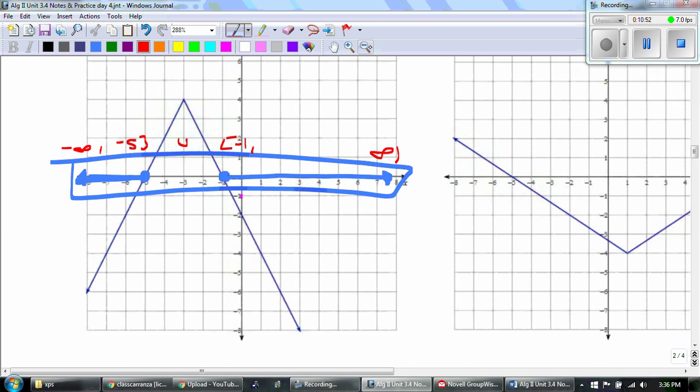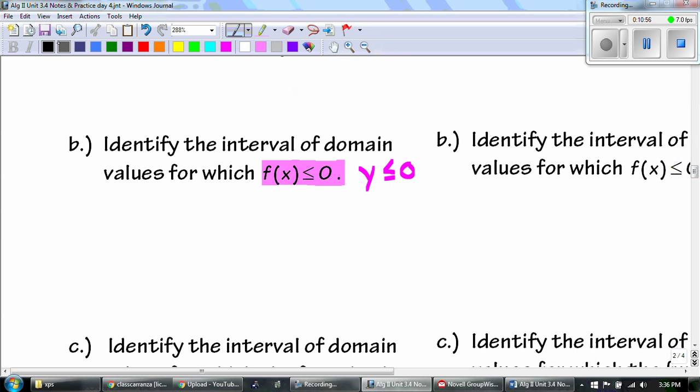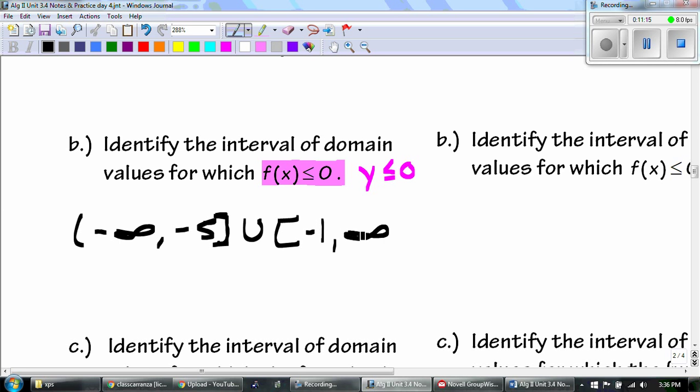I hope it's not too hard because we were just talking about this stuff. It just looks a little bit different because now we're doing this on an absolute value graph. So it's negative infinity to -5, we're using the bracket, the union, -1 to positive infinity.